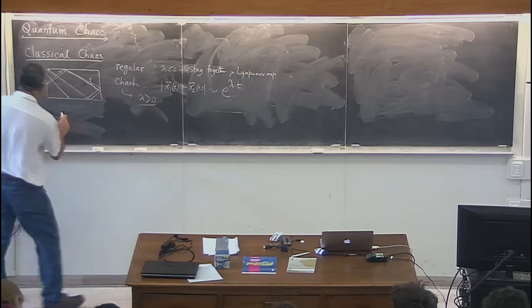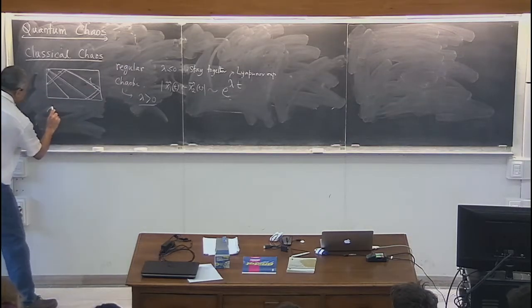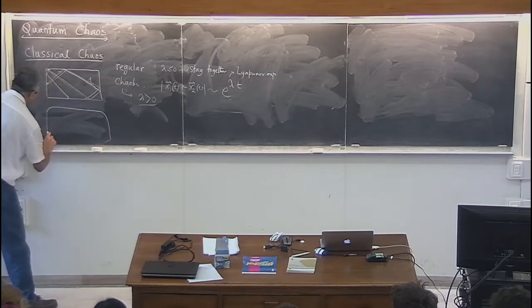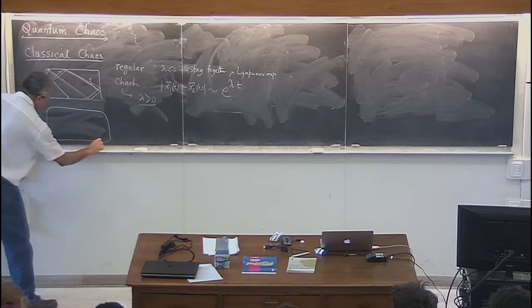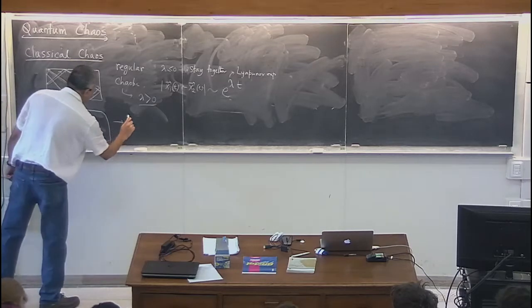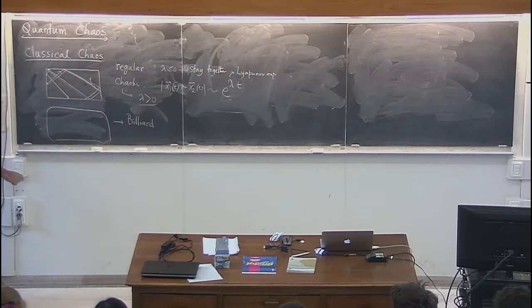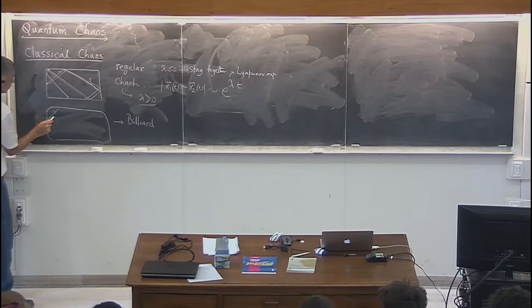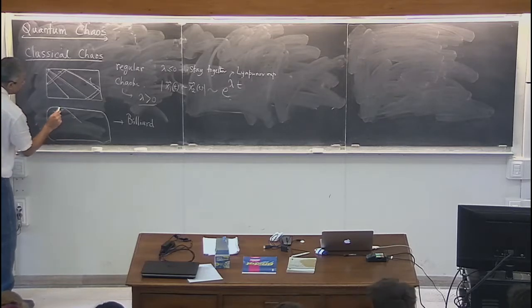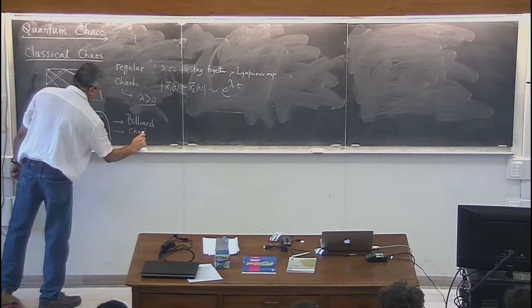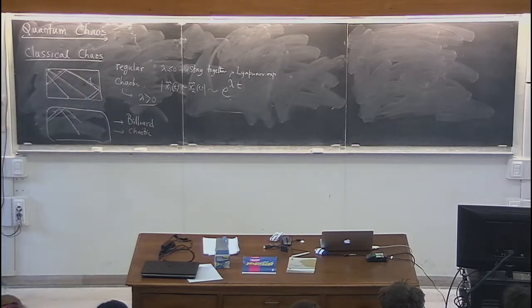But if I just round the corner, just round these four corners, and make it a billiard, like a billiard table, then if you look at two trajectories, they start very close, but then they exponentially diverge. So this is chaotic, whereas in a perfect rectangle, this is a regular system.